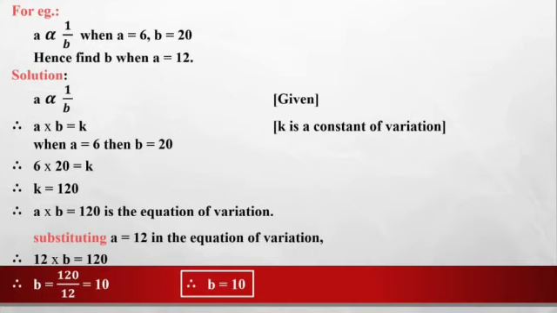What was k? k is 120. So 12 into b is equal to 120. So now b is equal to 120 upon 12. When you divide 120 by 12, you get 10. So you have found out the value of b. The value of b is 10.